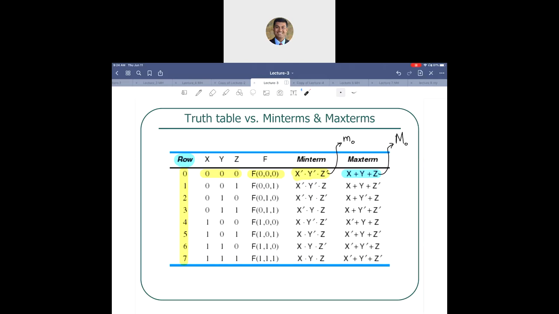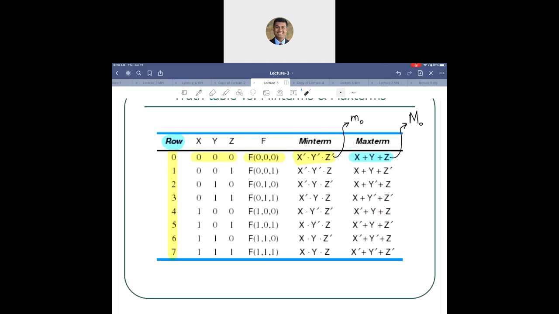We can take a look at row 3. So for row 3, you have X is 0, Y is 1, and Z is 1. You evaluate some logic function, F, by substituting those three input combinations, 0, 1, 1. And you might get a 1, you might get a 0, whatever it is, you will fill it up. And its corresponding minterm would be X is 0, Y is 1, Z is 1.